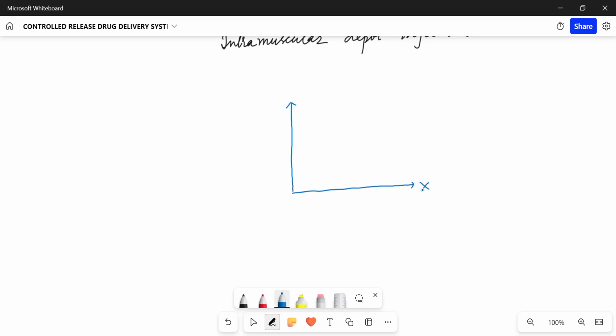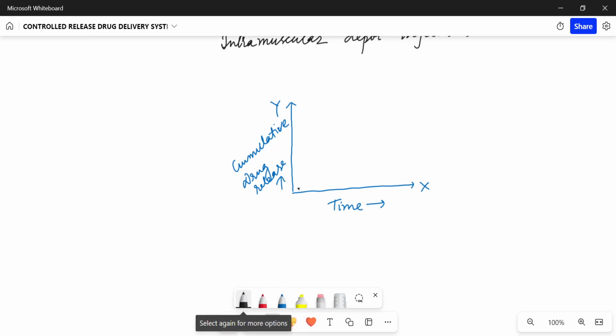Okay. Now we will understand this through a graph. This is x-axis, this is y-axis. In the x-axis, we will write time. In the y-axis, we will write cumulative drug release. Okay. Now, when we apply a dose like dose 1, we can see a graph like this.